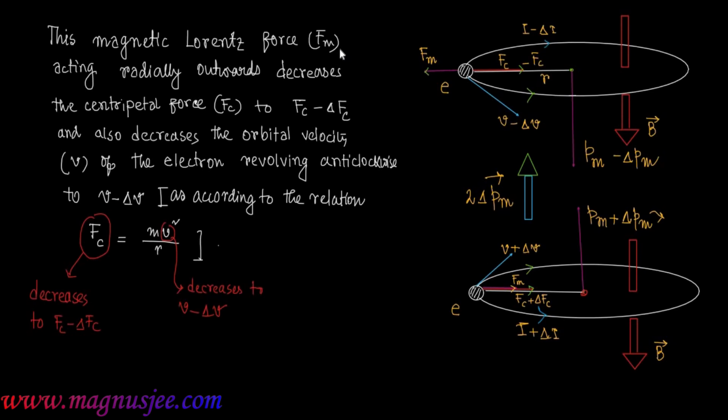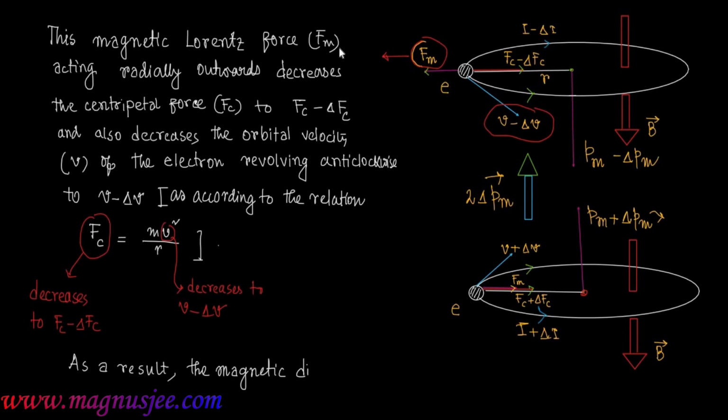In the diagram for the electron revolving in the anticlockwise direction, centripetal force Fc decreases to Fc minus delta Fc as magnetic Lorentz force Fm acts radially outwards. Orbital velocity of the electron revolving in the anticlockwise direction decreases to v minus delta v.